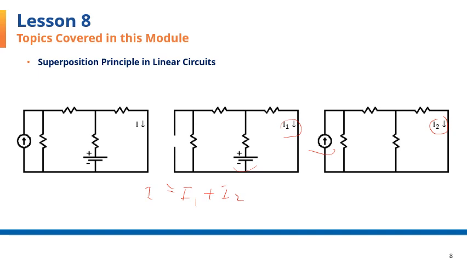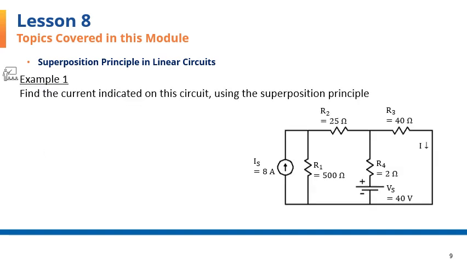Let's put some numbers on this circuit and find the current I with the use of this technique. In this circuit, I'll first zero out the current source and calculate I1. Let's find the resistance seen by the voltage source.